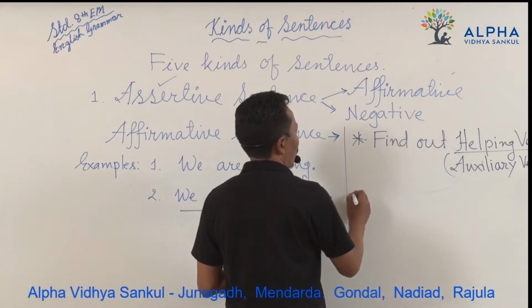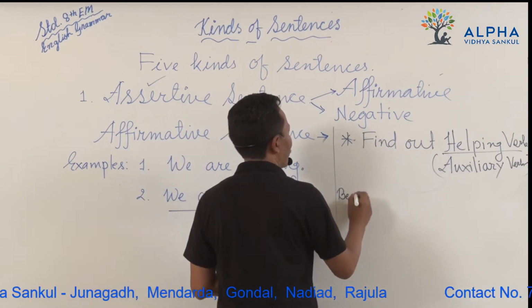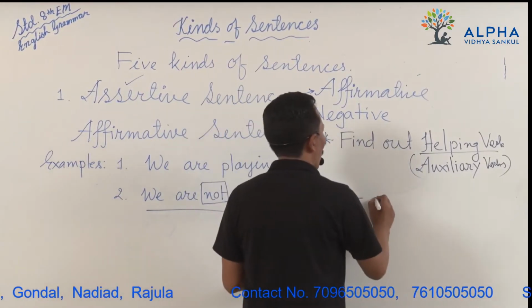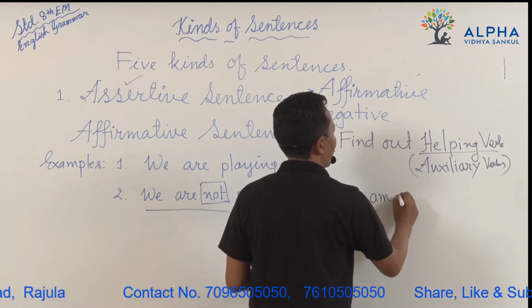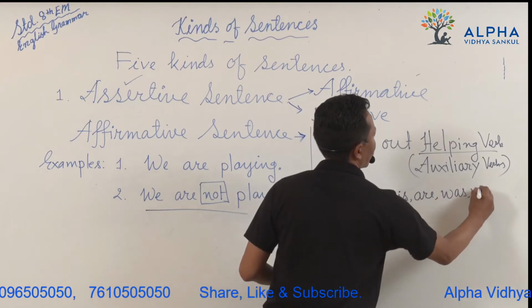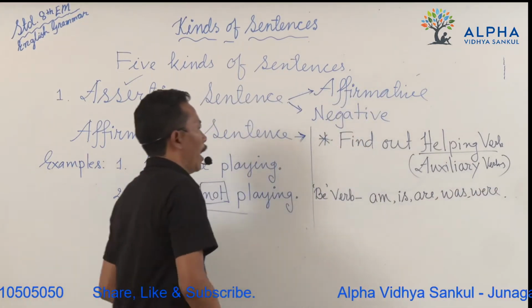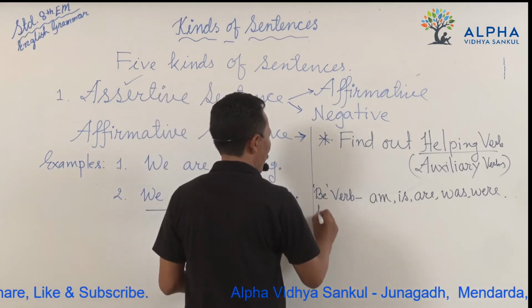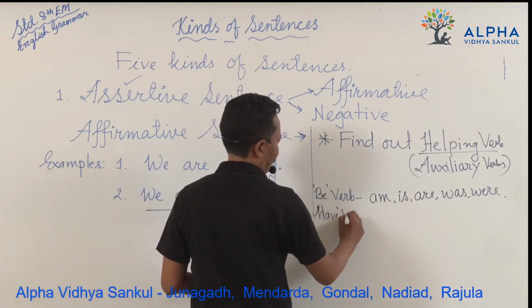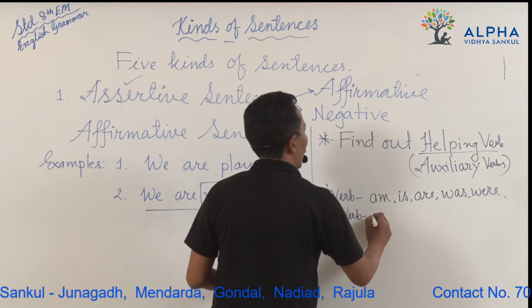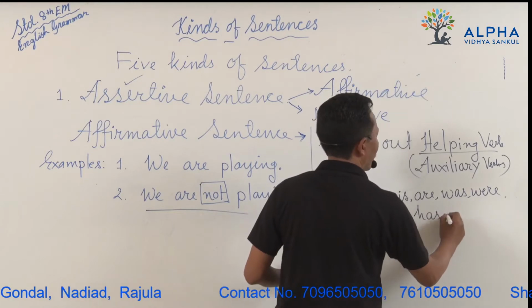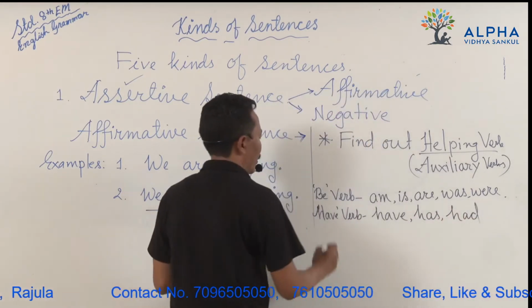You see, for be verb: am, is, are, was, and were. The next is have verb. Here you will find three: have, has, and for the past, had.